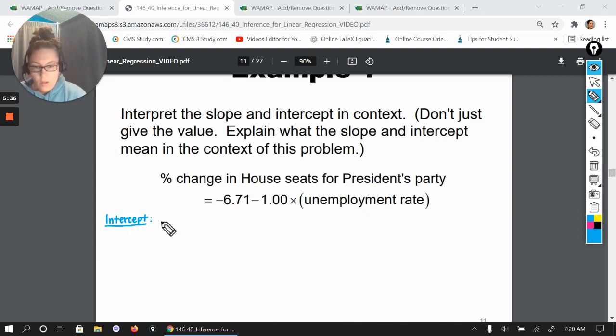So when the unemployment rate is 0, the president's party is expected to lose 6.71% of their members in the House.